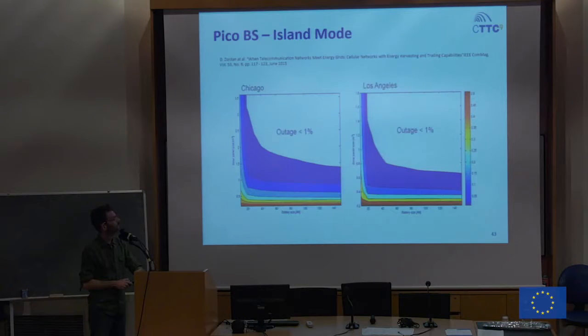And for a pico base station, which has a lower power consumption model, we have much smaller dimensions, so 0.8 and around 50 for the battery size. These are a good starting point to understand the feasibility of our system, and the dimensions of the add-on energy harvester that we have to put in our system.